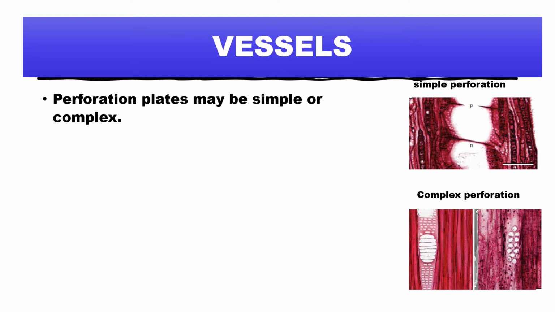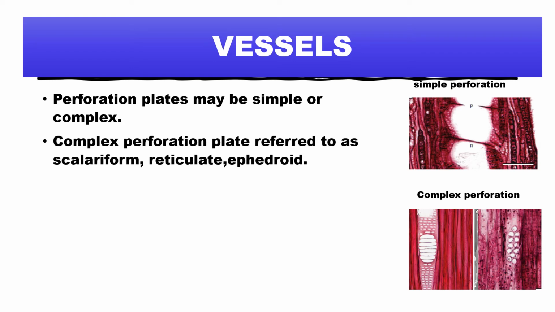This perforation may be simple or complex. If it is simple, we can see that the end wall is completely dissolved. Whereas in the complex perforation, we can see different patterns in the end wall. This is either scalariform or ephedroid.